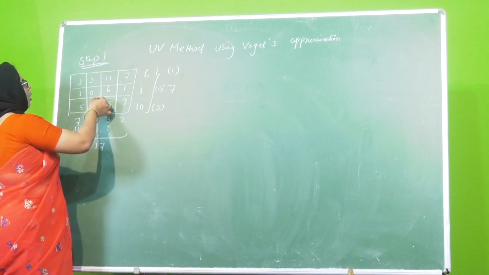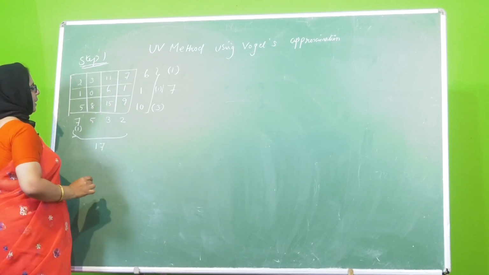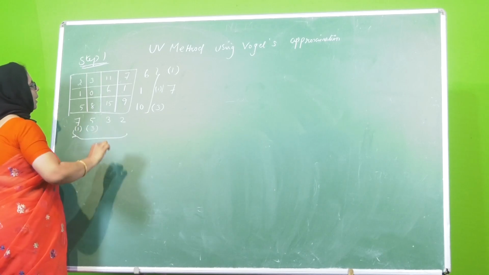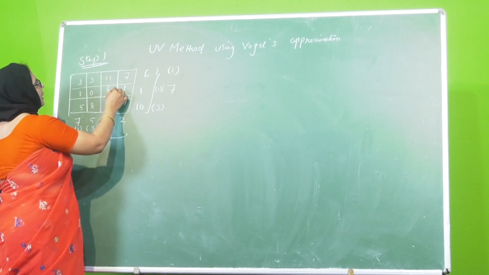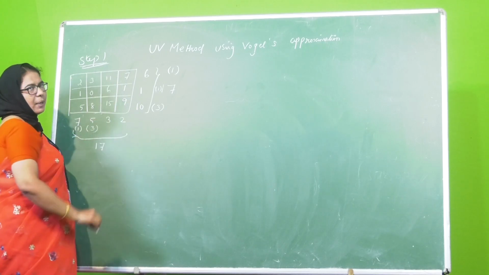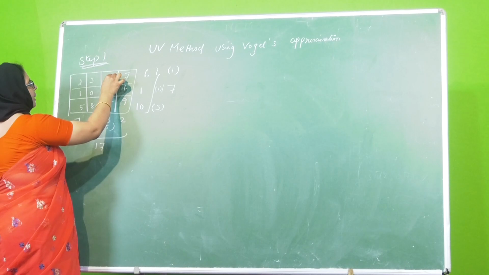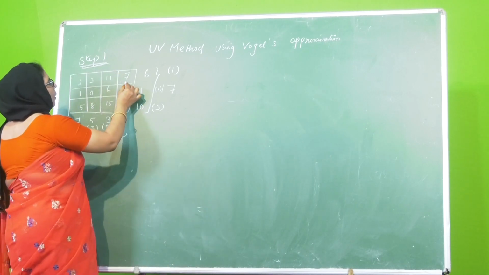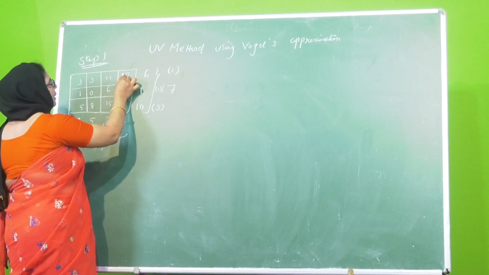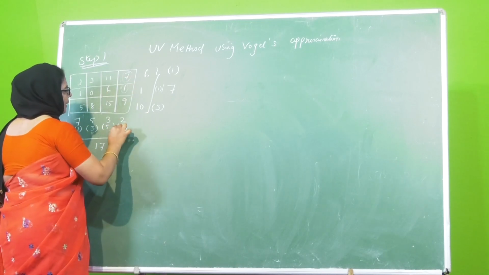In the second column, the least element is 0 and the next least element is 3, so the difference is 3 minus 0, which is 3. For the third column, the least element is 6 and the next least element is 11. The difference is 11 minus 6, which is 5. For the fourth column, the least element is 1 and the next least element is 7, so 7 minus 1 is 6.